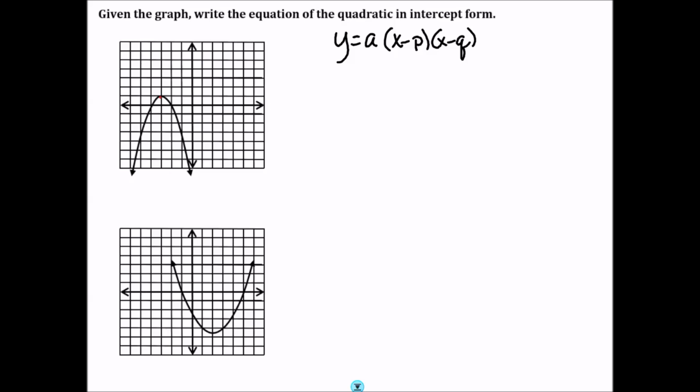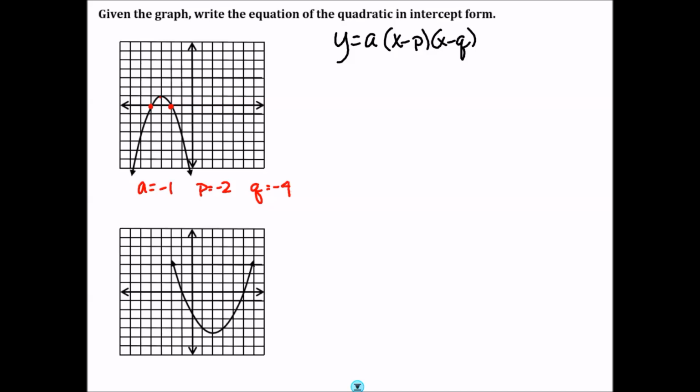Start at the vertex, you go over 1, and then you look and see how far you have to go up or down to get to the graph. I have to go down 1, so a is going to be -1. My two x-intercepts are -2 and -4. So p is going to be -2 and q is going to be -4.